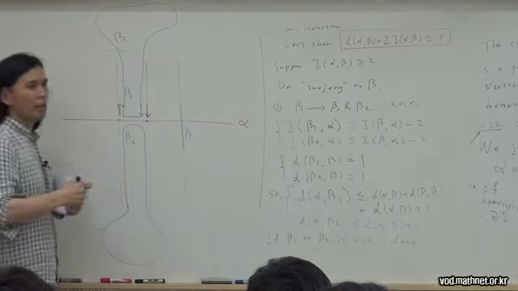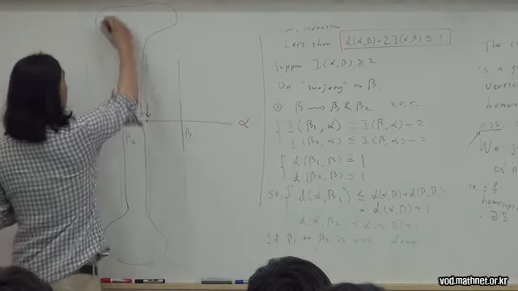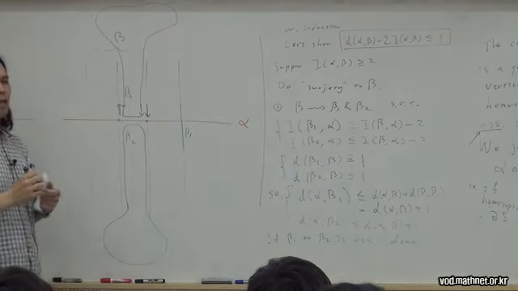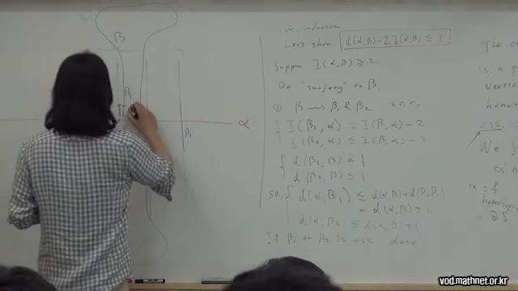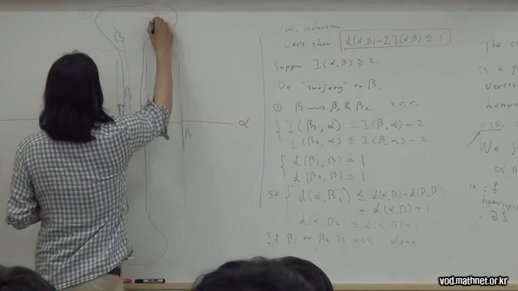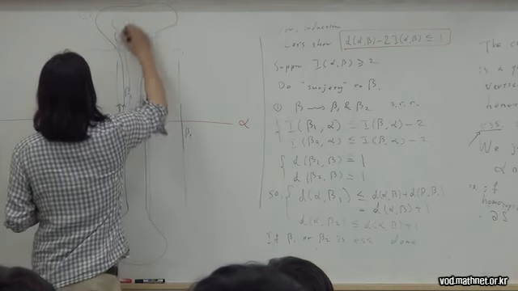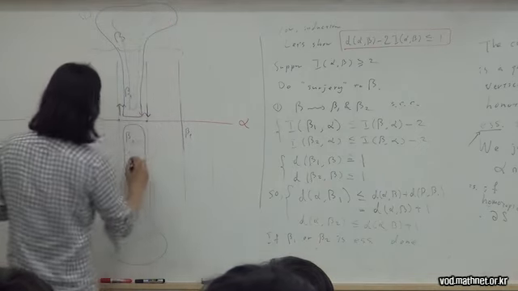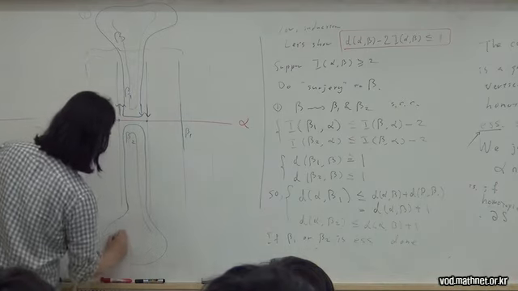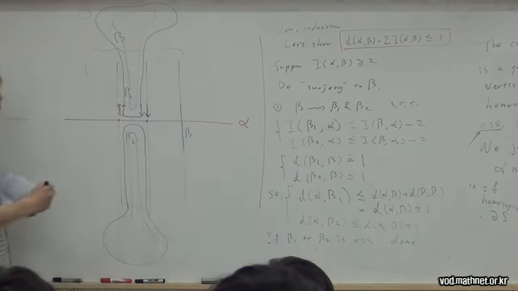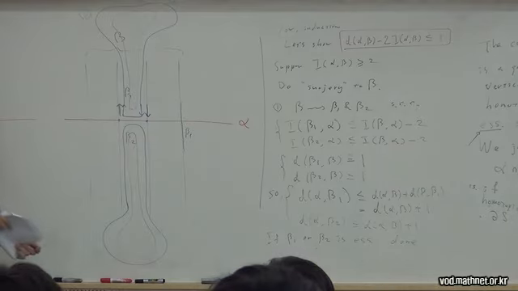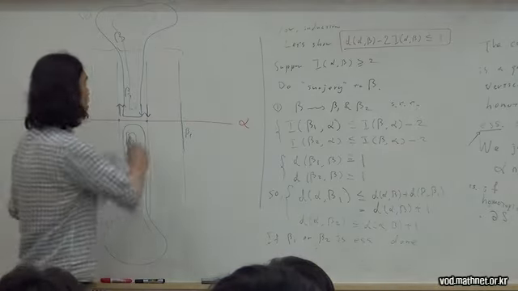What does it mean? It means that this beta 1 is bounding a disk or is a boundary curve. Okay? So maybe this is like this, and also this is like this. I try to indicate a disk or a boundary component. Now it's time for you to use the rest.